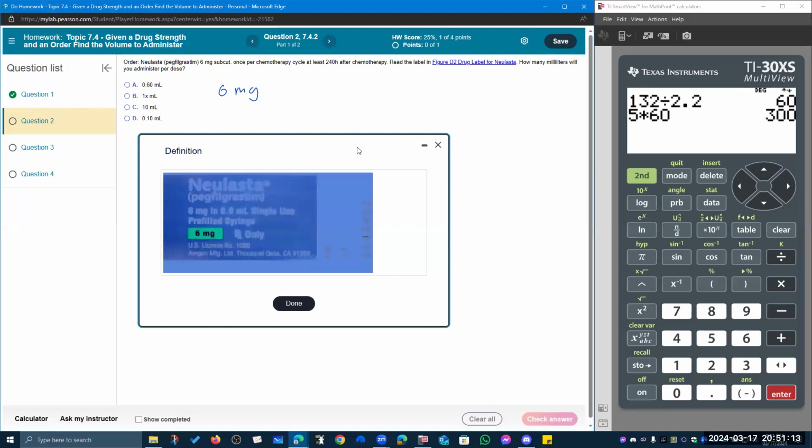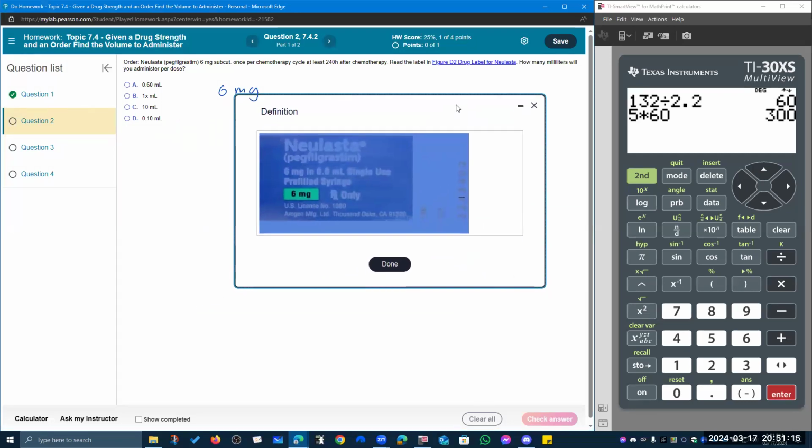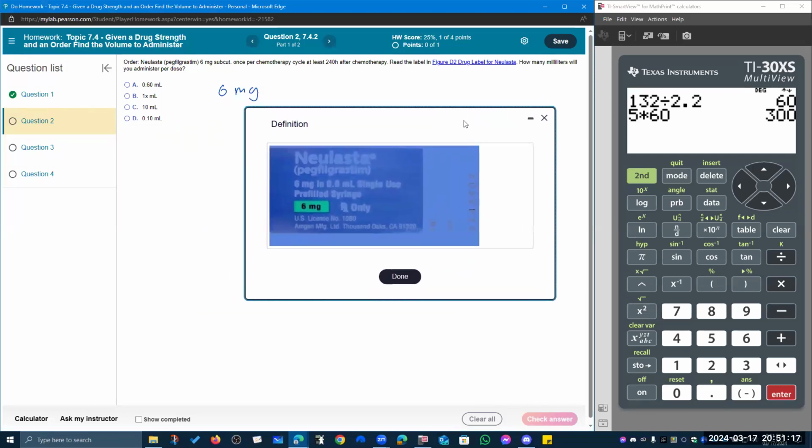And it says that we're looking at a concentration of 6 milligrams per 0.6 milliliters of solution in a syringe here.